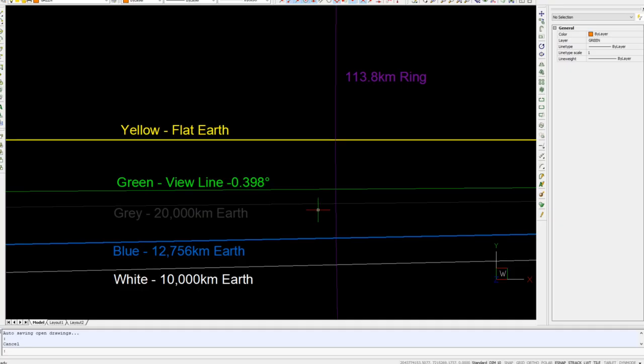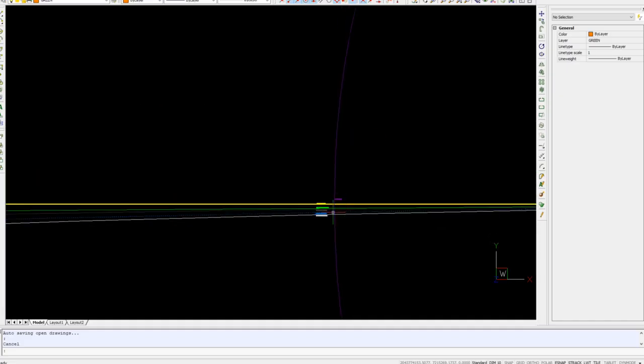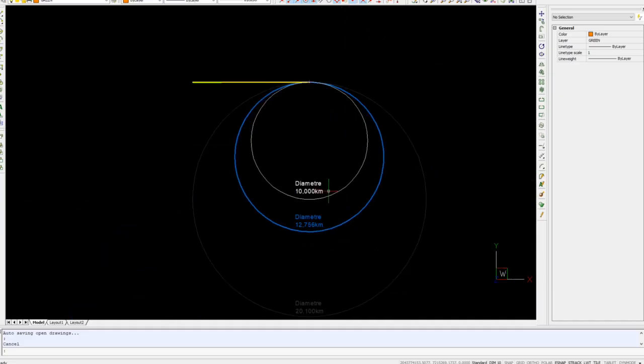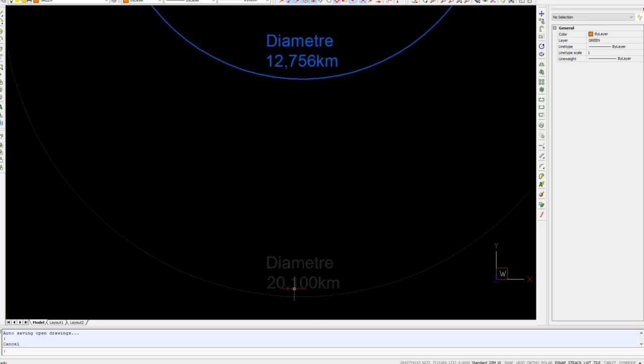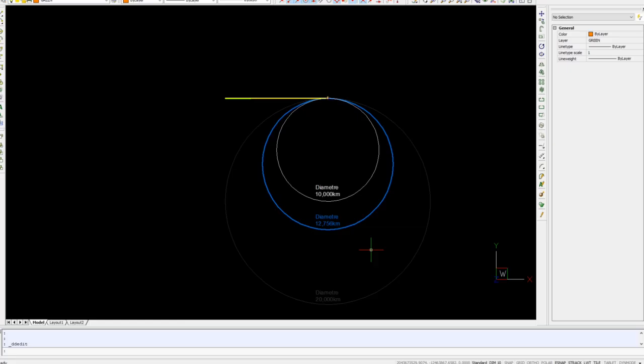Now this grey circle is a 200,000 kilometer Earth. The blue one is the typical Earth, so that's 12,756, and the white is a 10,000 kilometer Earth. So when you zoom right out, this is a 10,000 kilometer Earth, this is a 12,700 kilometer Earth, and this is a 200,000 kilometer. Sorry, there's a bit of a typo, I'll get rid of that. That's a 200,000 kilometer, right?